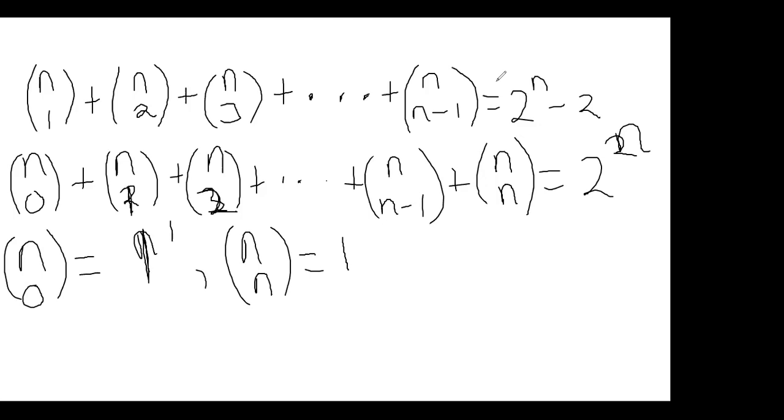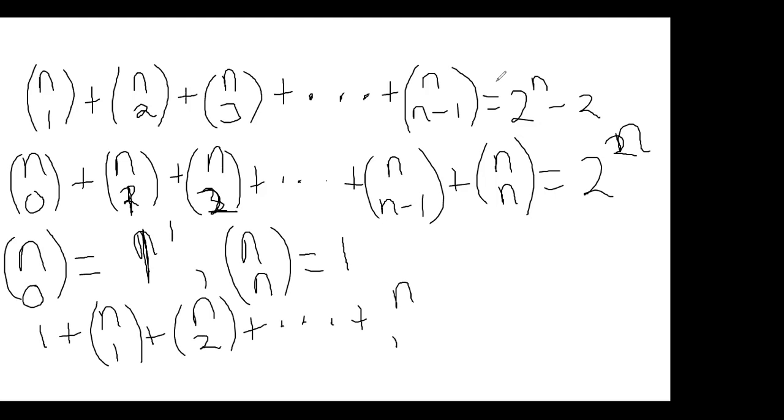So we are simply saying that if n choose 0 is 1, then 1 plus n choose 1 plus n choose 2 plus n choose n minus 1 plus n choose n, which is 1, is equal to 2 to the power n. Not so? So now when you transpose, 1 plus 1 is 2, take it to the other side, and that will give you what you had.